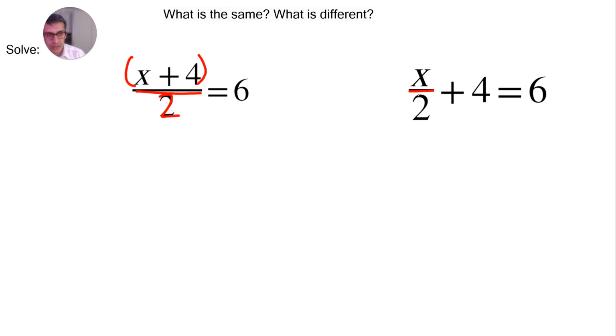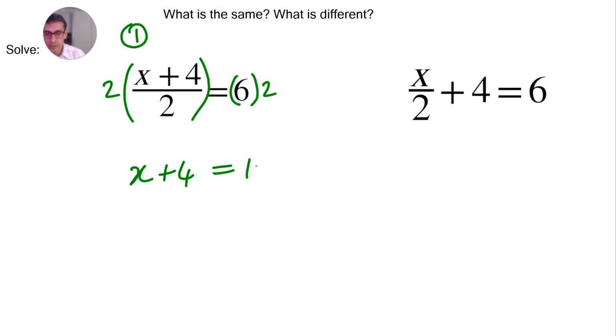And in this case, it's just the x that's being divided by 2, and then we're adding 4. So in order to solve these, I'm going to talk about some strategies. For the first question, you may decide to multiply by 2 both sides to get rid of the denominator. And that will give you x plus 4 equals 12, and then take away 4 from both sides.